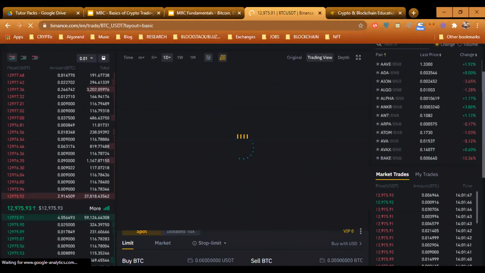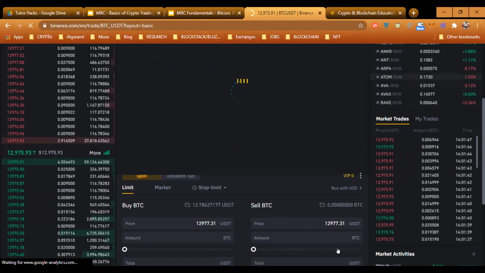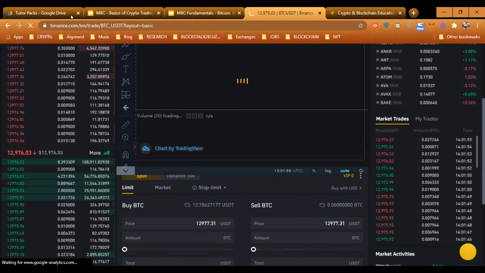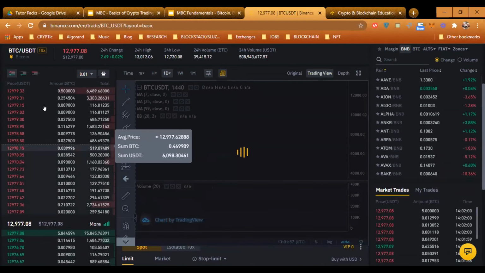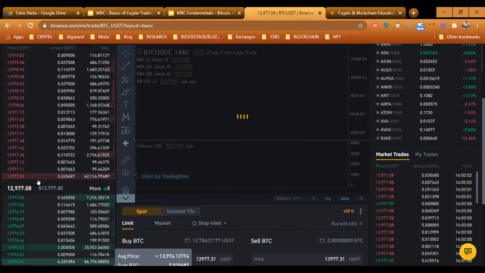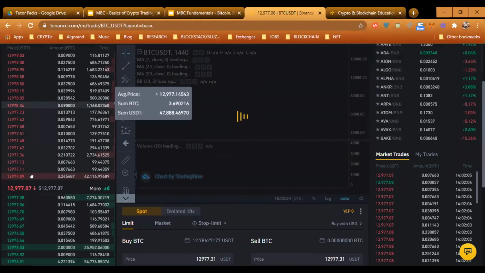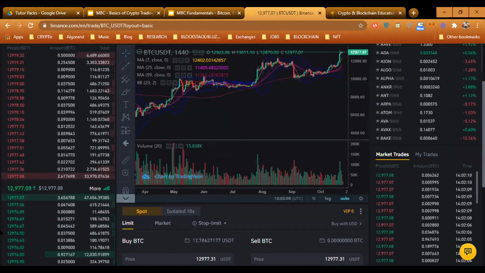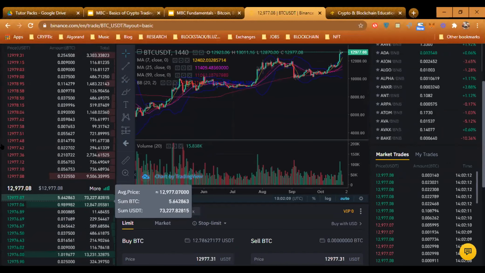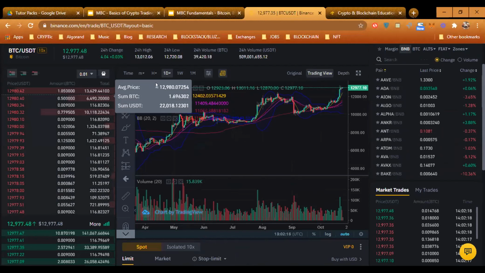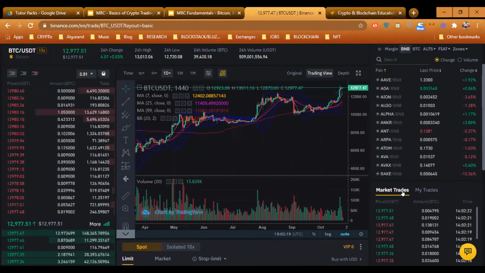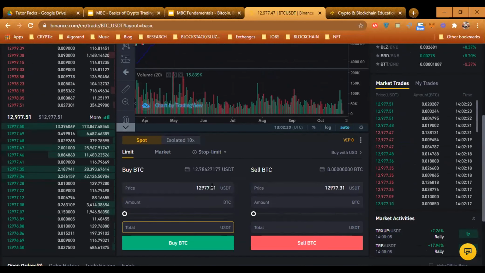This is your trading chart. These are the order books. Here you can see the people: red means sell and green means buy. So trades are going on at the moment. Here you see this is the BTC USDT pair. This is where I can place a trade: market order, stop limit, or limits.